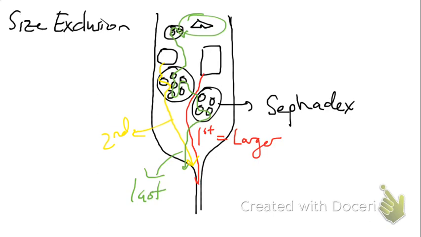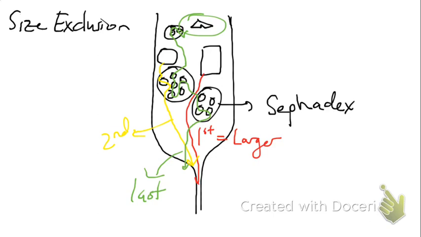So that's why in electrophoresis the large ones are slowed down, whereas here, instead of going through the jungle gym, the large protein just goes around it, whereas the little one, or a smaller person, can still go through it. And so large first, medium second, smallest last for size exclusion chromatography.